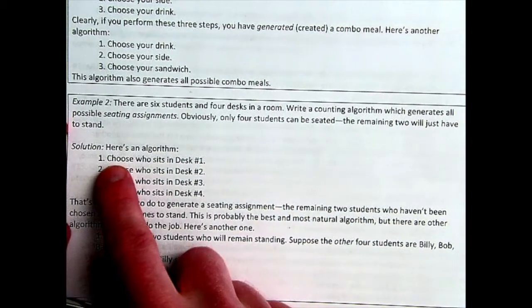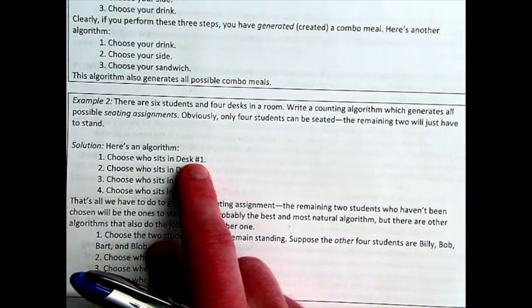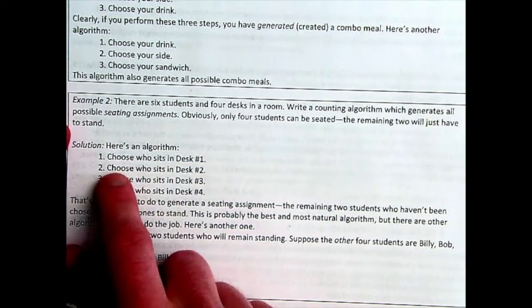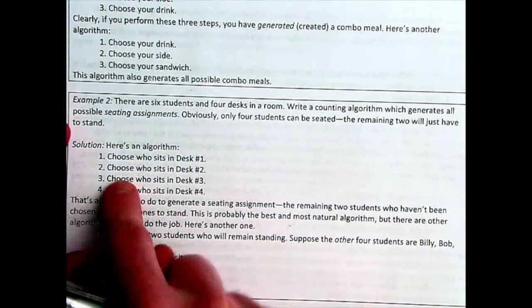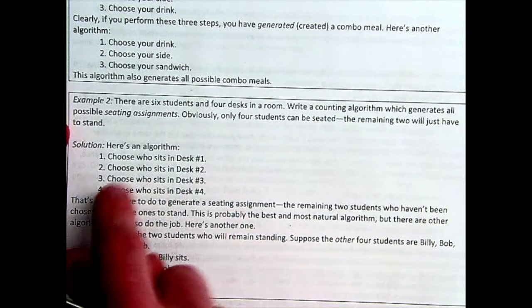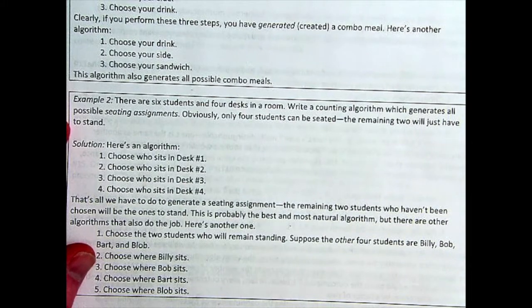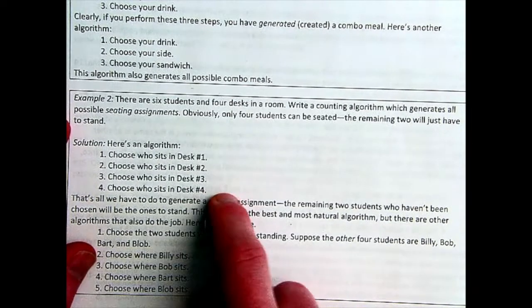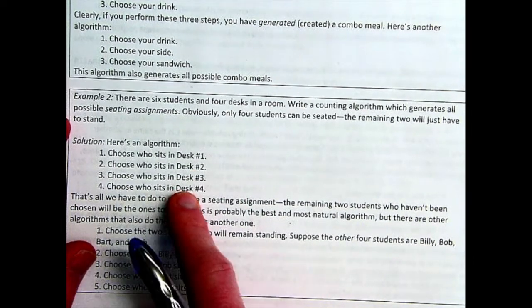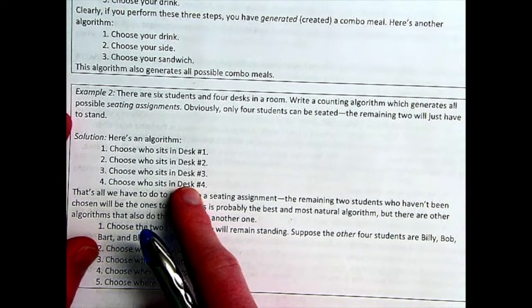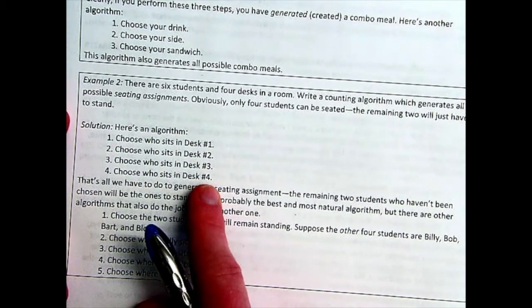Step 1, choose who sits in desk number 1. Step 2, choose who sits in desk number 2. Step 3, choose who sits in desk number 3. Step 4, choose who sits in desk number 4. That would surely generate a seating arrangement. So that's a counting algorithm which will generate all possible seating arrangements.